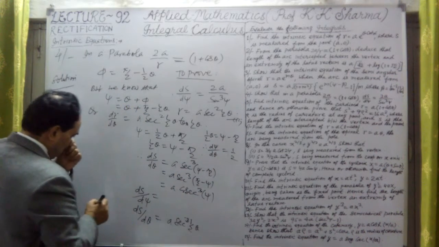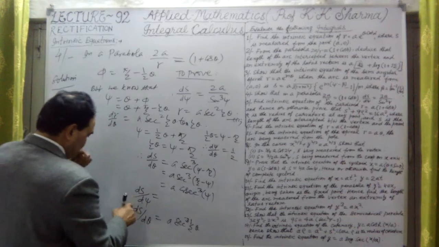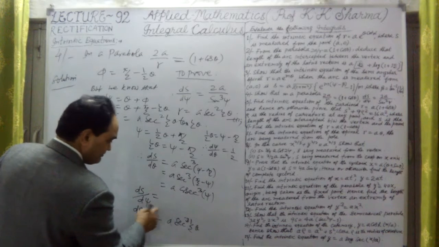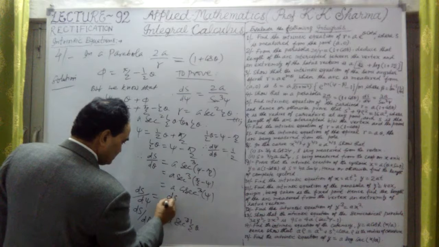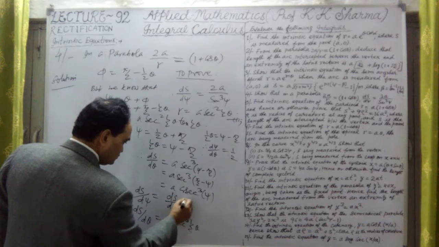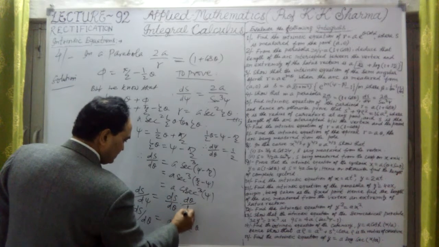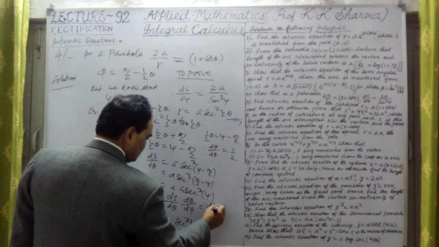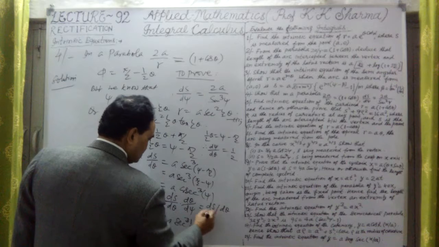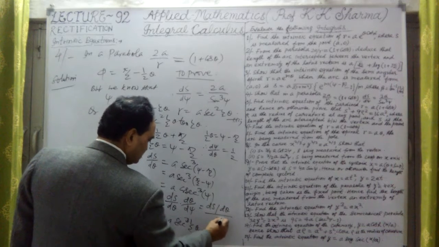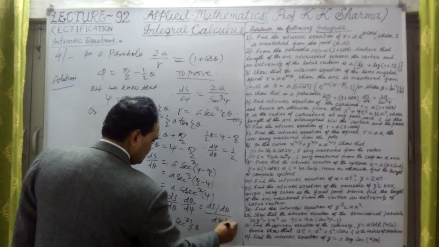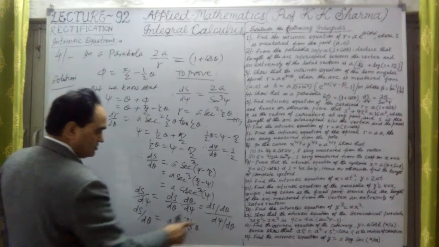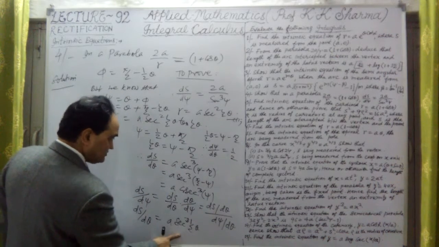Now we have to find out ds upon d psi. So what is this? We write ds upon d theta into d theta upon d psi, no change. Or we can write it as ds upon d theta divided by d psi upon d theta. Simple. Now ds upon d theta is this.